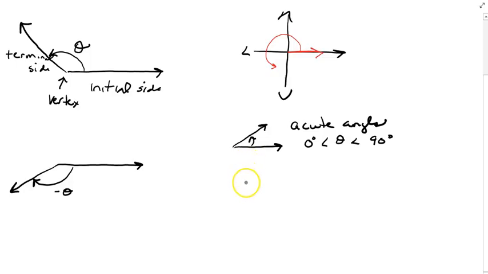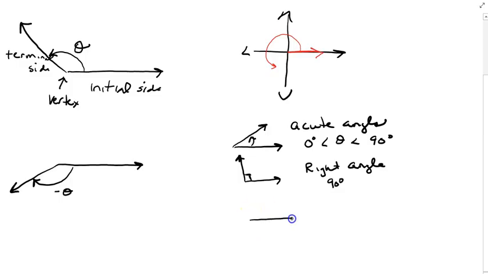And then, of course, our 90-degree angle, which we usually represent by that box, is a right angle. And we will work a lot with right angles in this particular course as well. And that is a 90-degree measurement.